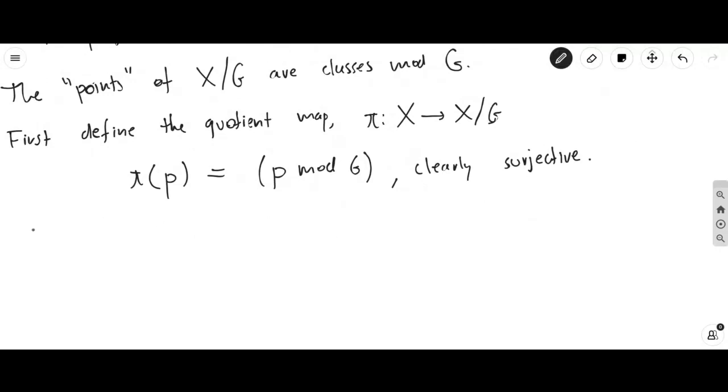So now let U be a subset of X mod G. Now we're going to define what it means to be open.